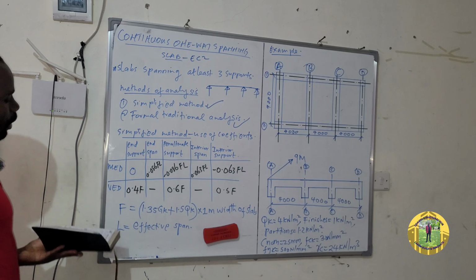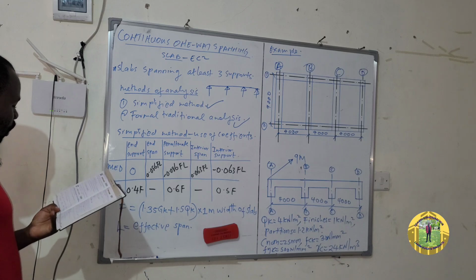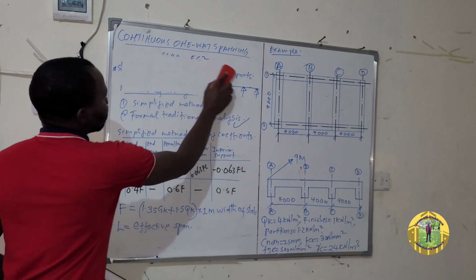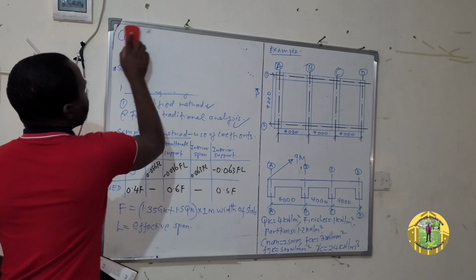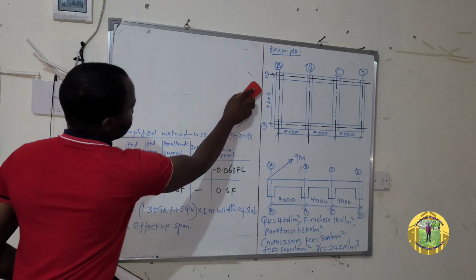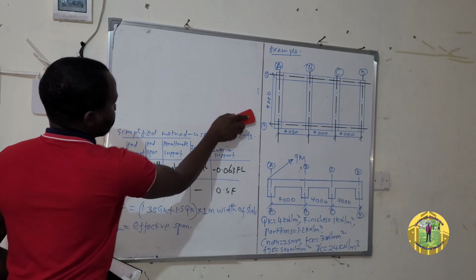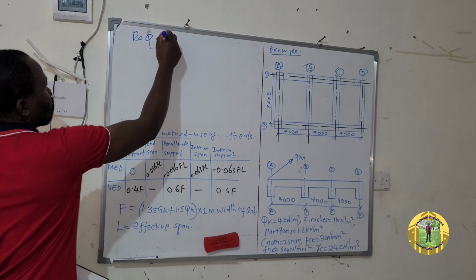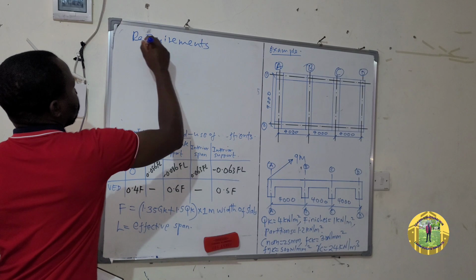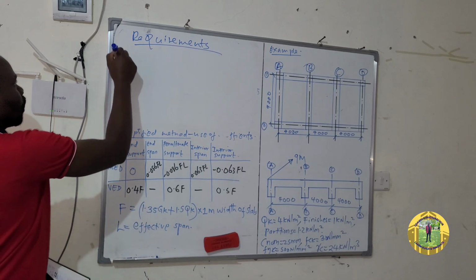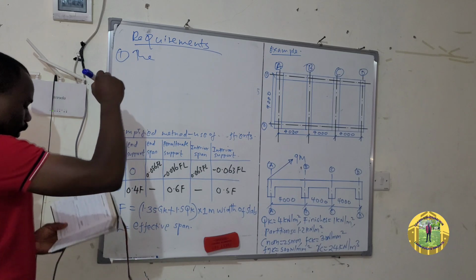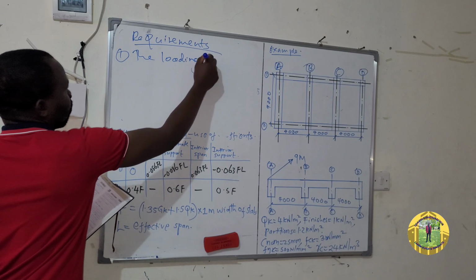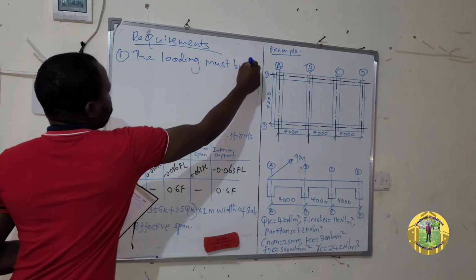And what are these requirements? Let me put them on the board. We have the requirements for you to use a simplified method. Number 1, the loading must be UDL.